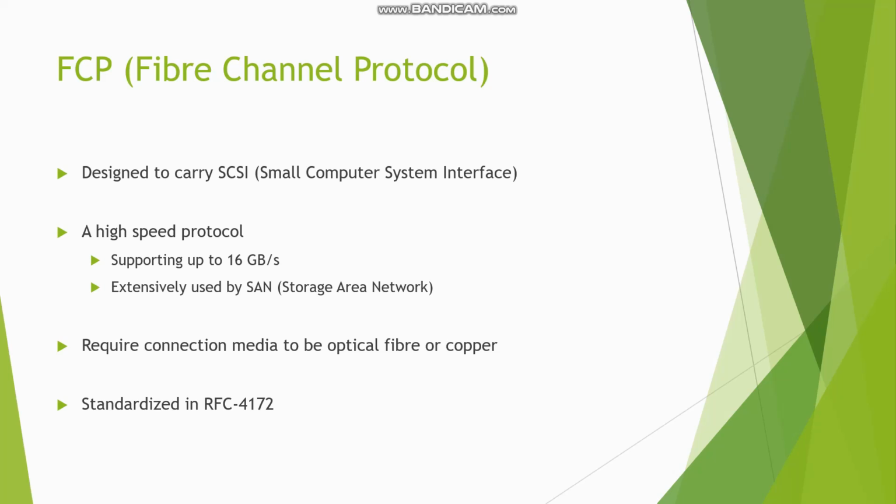It was standardized in RFC 4172. Fibre Channel has a few different generations, and each generation has a different transfer rate, and the naming convention is labeled roughly the same as their transfer speed. Furthermore, each generation should be at least backward compatible with two earlier generations.